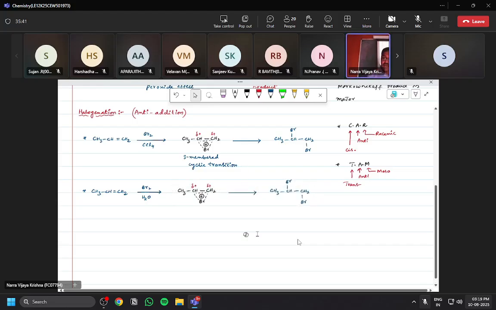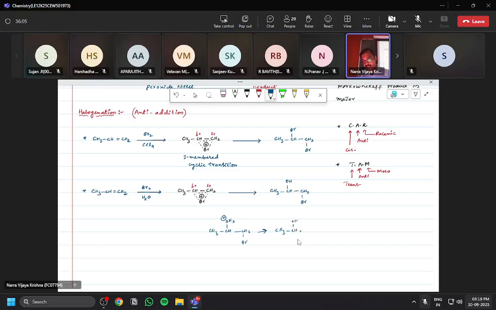But here instead of Br minus, I will add OH. Correct, sir? H2O will donate a lone pair of electrons, making this bond open up. Then what you will get? CH3, CH, OH2 plus, CH2Br.